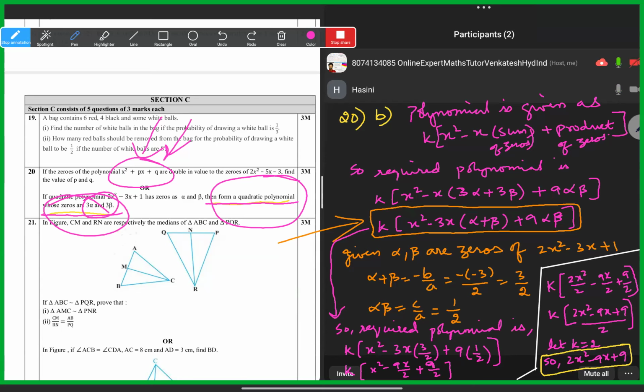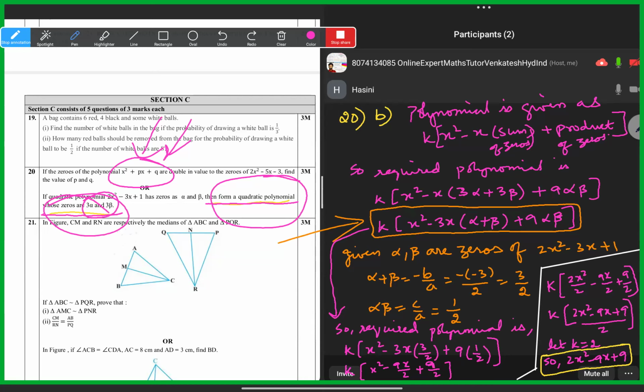Because they're asking us to form the quadratic polynomial, how will you get it? By the formula k into x square minus sum of zeros x plus product of zeros. We use that formula with 3 alpha and 3 beta, for which they are asking. We substituted the sum of zeros, 3 alpha plus 3 beta, and the product of zeros, 3 alpha into 3 beta. Then we got k into x square minus 3x into alpha plus beta, where we took 3 common, plus 9 alpha beta.